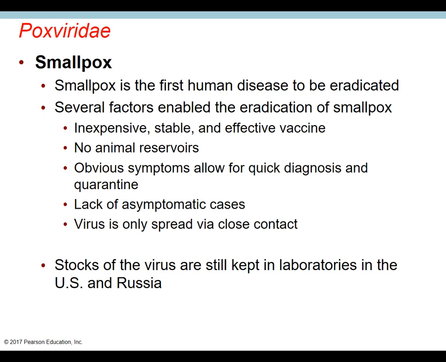You don't have to worry about a hidden animal reservoir. And the symptoms are very obvious. You get quick diagnosis and quarantine. There's no asymptomatic cases, and the virus is only spread by close contact, so as long as they quarantine people, they can stop it. So they were able to eradicate it.